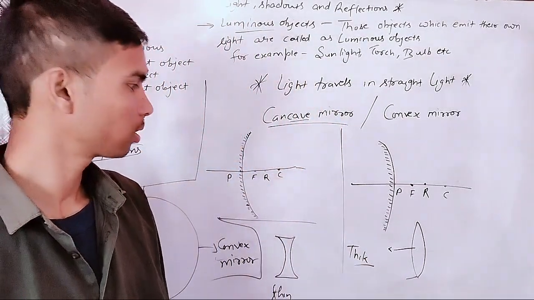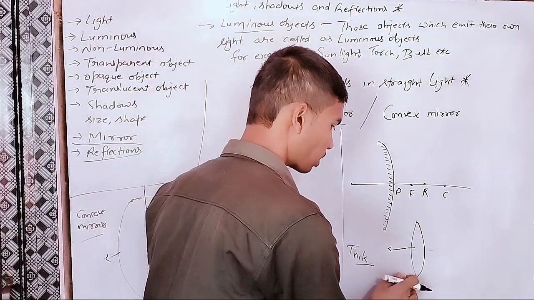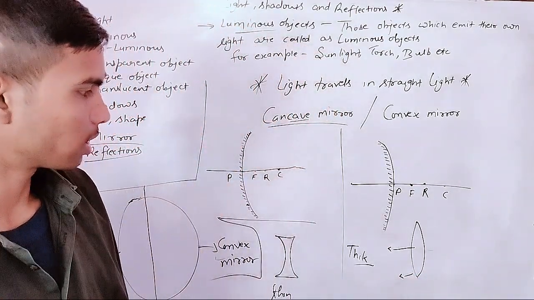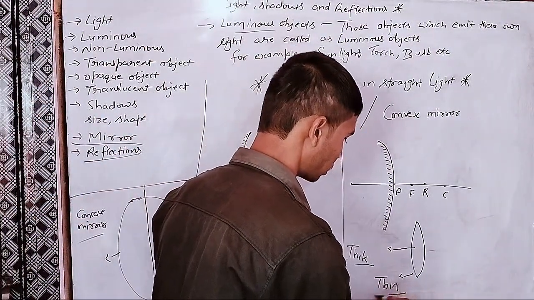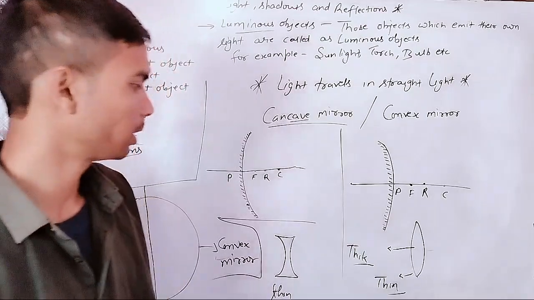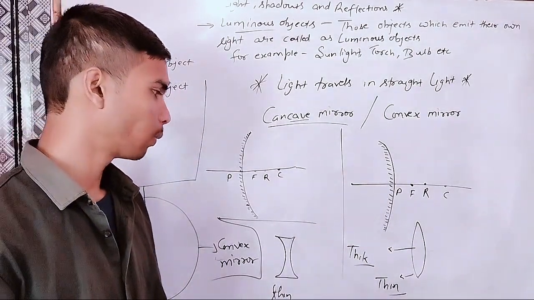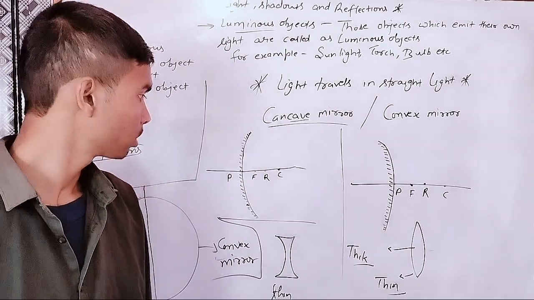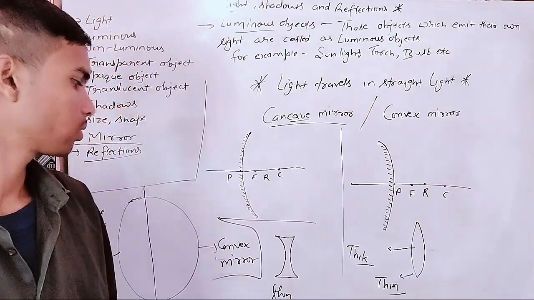Would be thick. But this outer end would be thin, would be more thin. That is how to identify which is the convex lens and which is the concave lens.